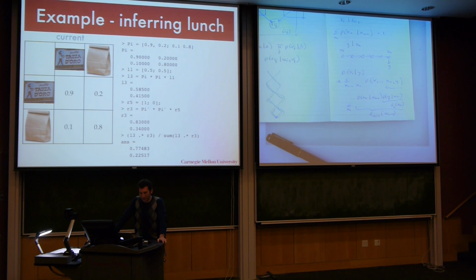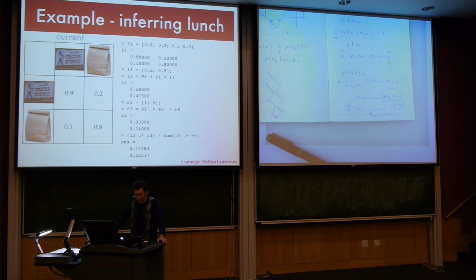So L3 is pi times L1. Right? It's going from 1 to 2 and 2 to 3. This would be the probability distribution of being at Tazzadoro at day 3 without observing anything else. Right? That's 58% that I'm at Tazzadoro, and 41% that I'm brown bagging.